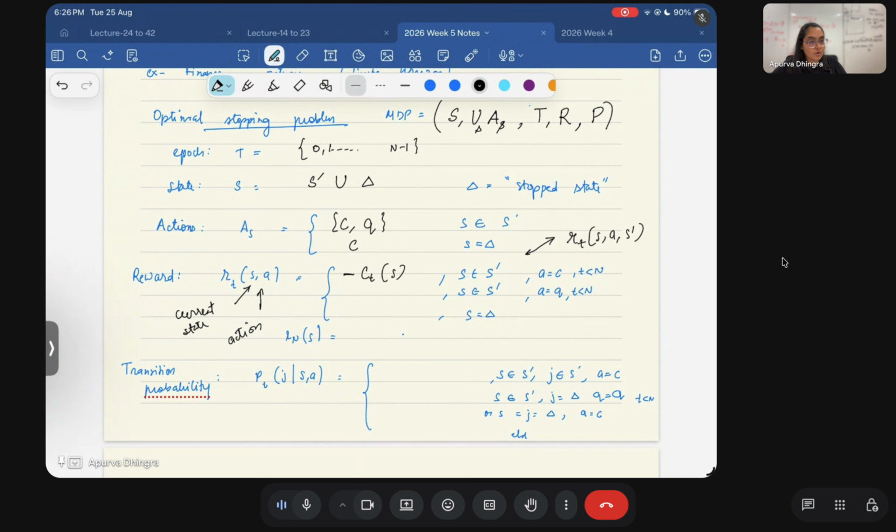You'll incur a cost because you decided to stay, you decided to continue. But if you decide to quit, you will get a reward that depends on the time and on the state. And if you're in the exited state, then you can decide what happens here. Maybe we can just take it to be 0 and it's okay.